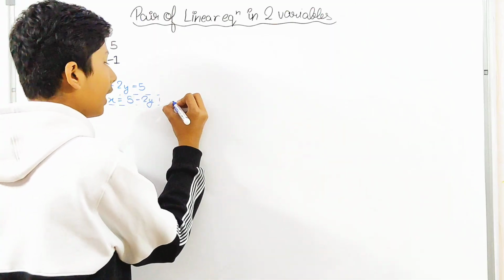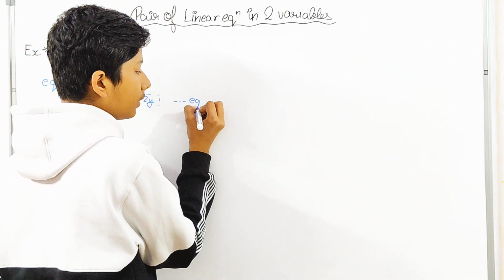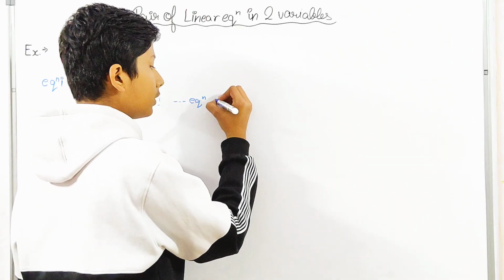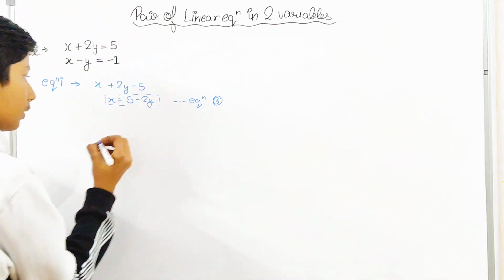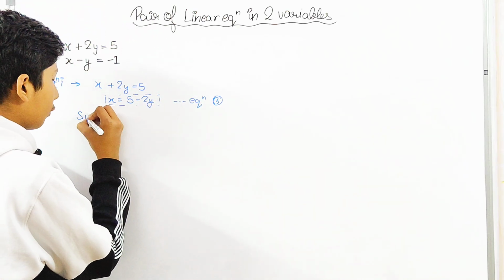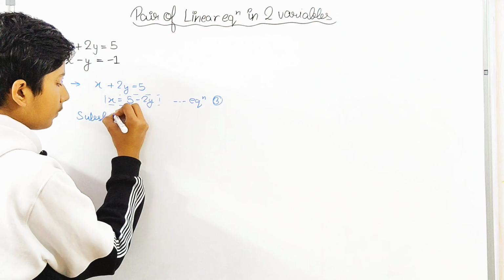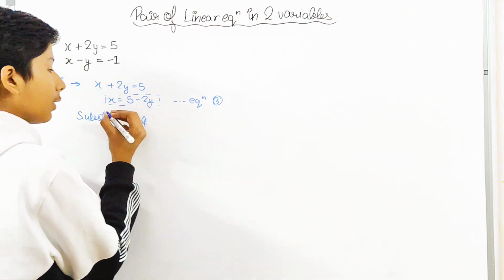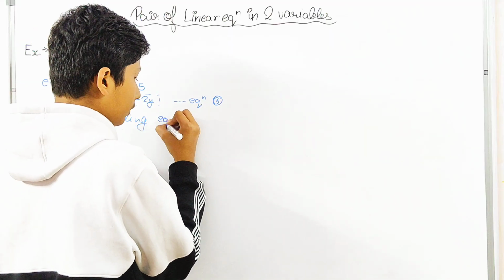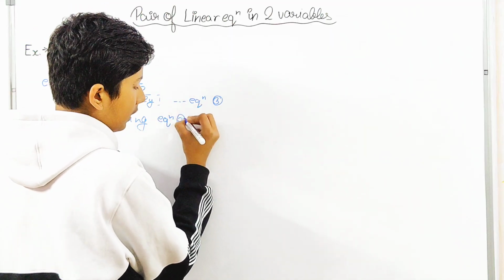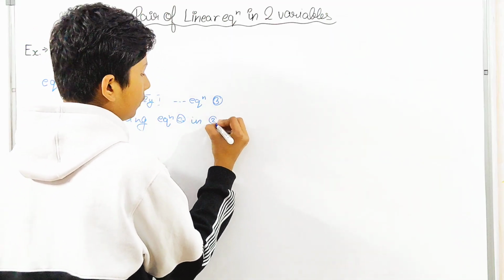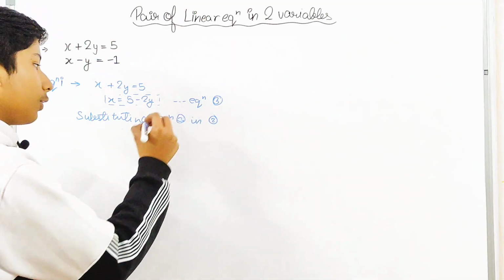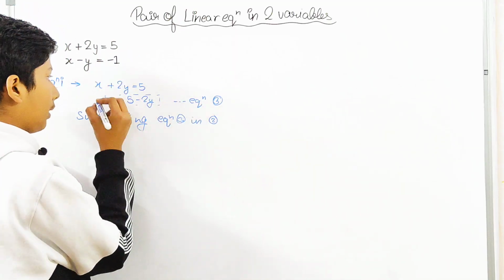Let this be equation 3. Substituting, we'll substitute equation 3 in 2. This one is 1, this one is 2, and this one is 3. So we will substitute this in this equation.